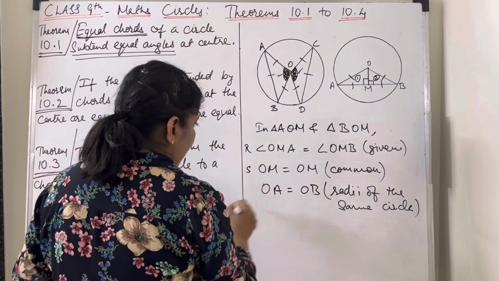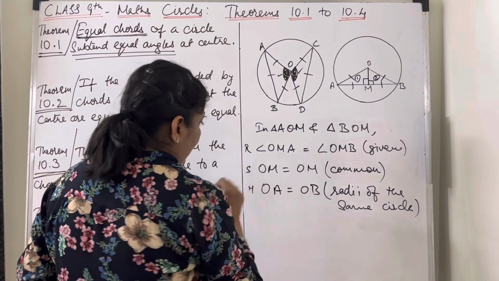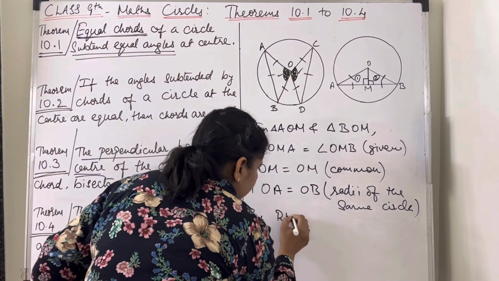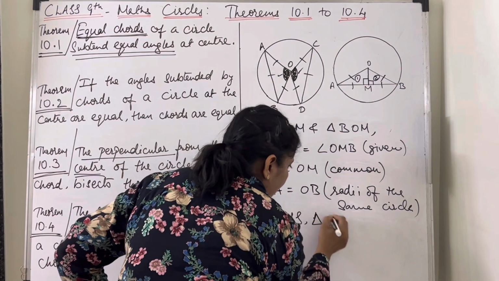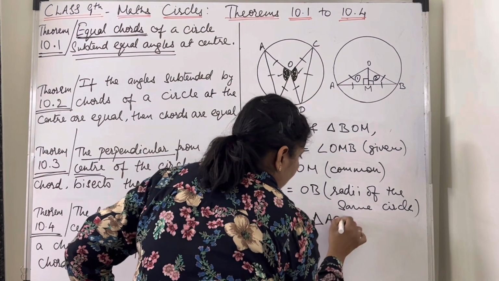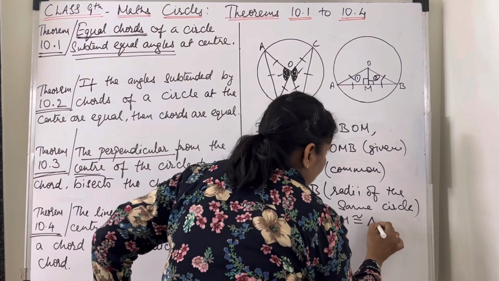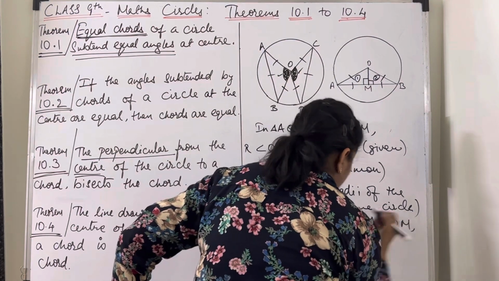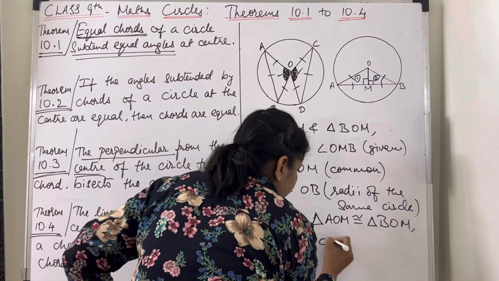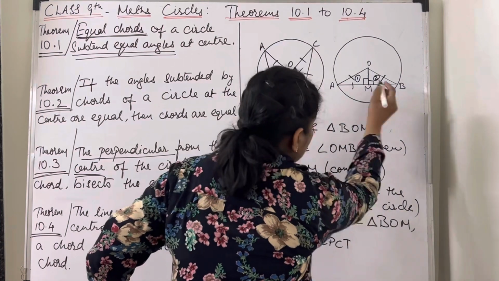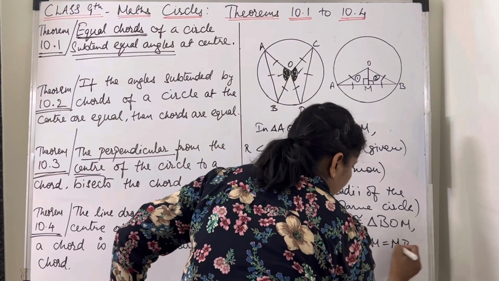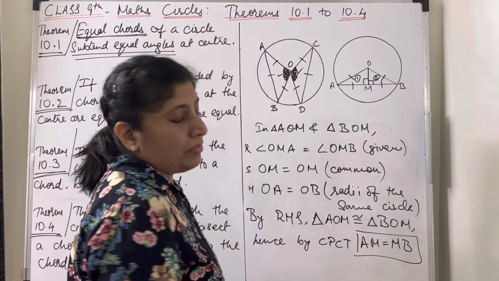OM is one side and OA and OB are hypotenuse. So by RHS, triangle AOM is congruent to triangle BOM, and hence by CPCT these two sides AM and MB both are equal. So AM is equal to MB.